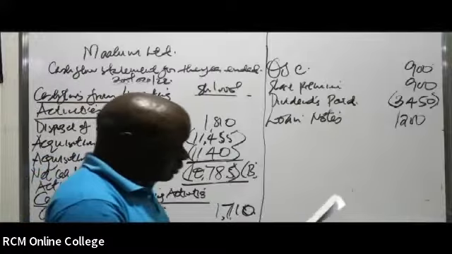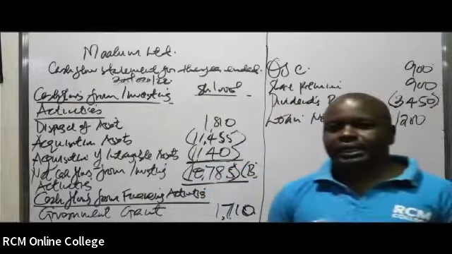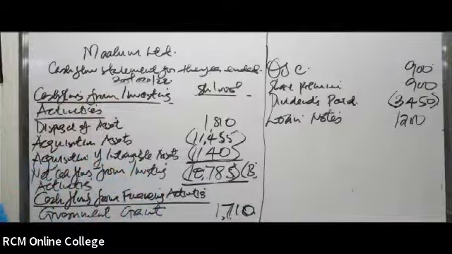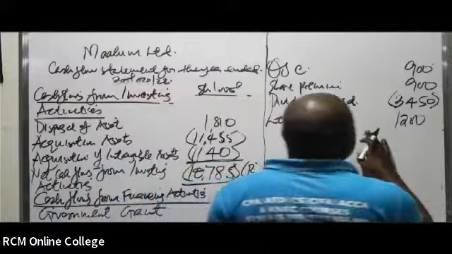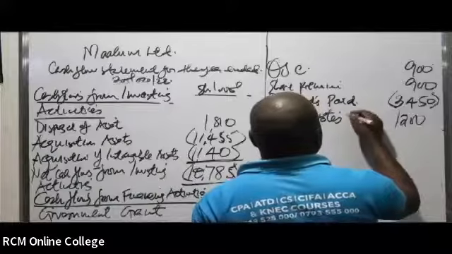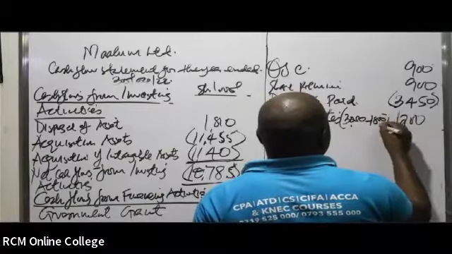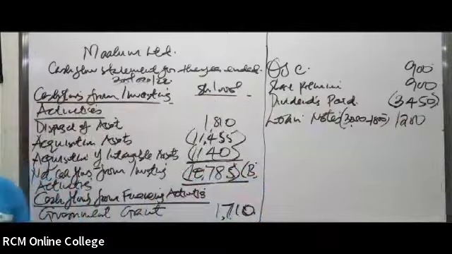But remember, out of these loan notes, as per note number 1, 1,800 was paid by giving an asset. Therefore, 3 million minus 1,800 gives you the amount they received as real cash, a cash inflow on the loan notes.